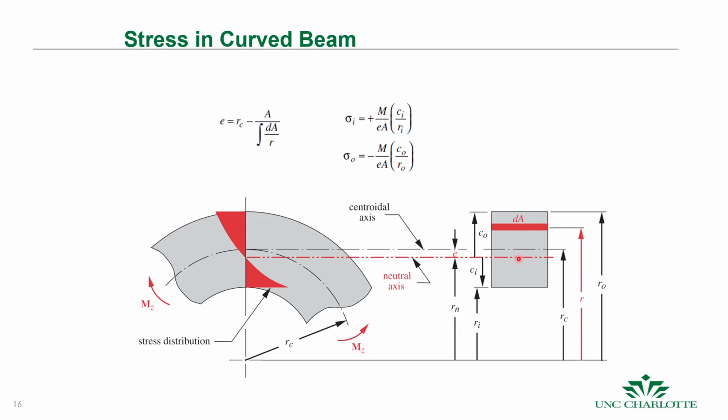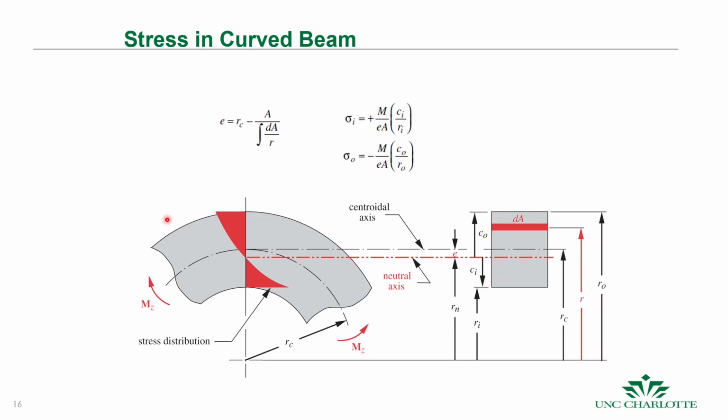This e accounts for the shift in the location of the neutral axis at this cross section, and we have to account for that in the curved beam because the stress distribution is different and the neutral axis is dropped down in this case for this shape of beam. co is the distance from this shifted neutral axis to the top surface, and ci is the distance from the shifted neutral axis to the inner surface.